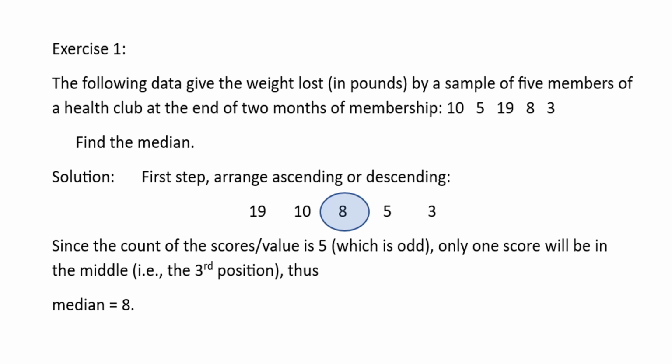Since the count of scores is 5, which is odd, only one score will be in the middle, which is the third position. Then the number occupying the third position is our median, and our median here is 8. That's for the first example.